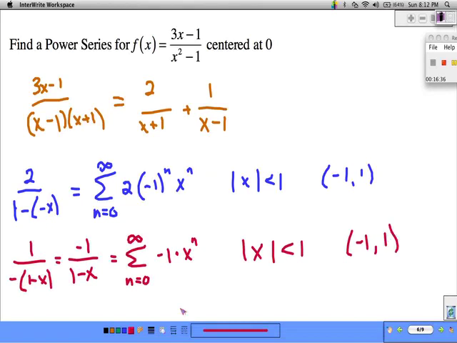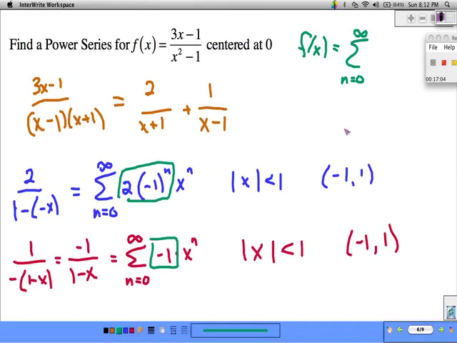So, what this tells us, our function, f of x, is equal to, based on that rule that we had, the property on the previous slide, we take that part plus that part.